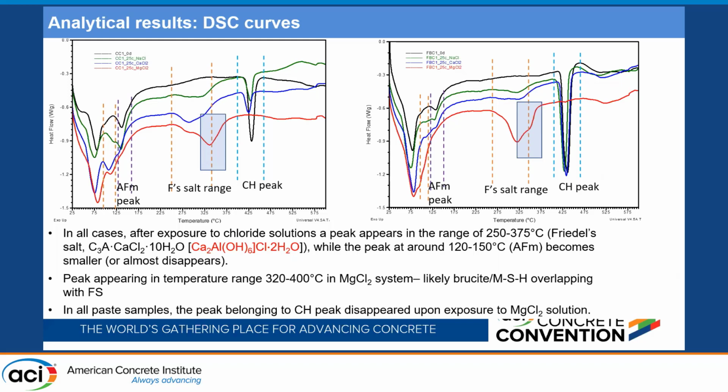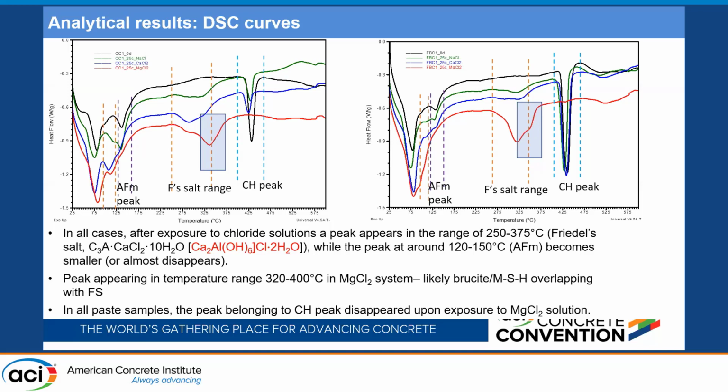It means that some new formation is taking place. When we checked the reference literature, this area belongs to the decomposition of the Friedel salt. So we denoted this area as a Friedel salt range.